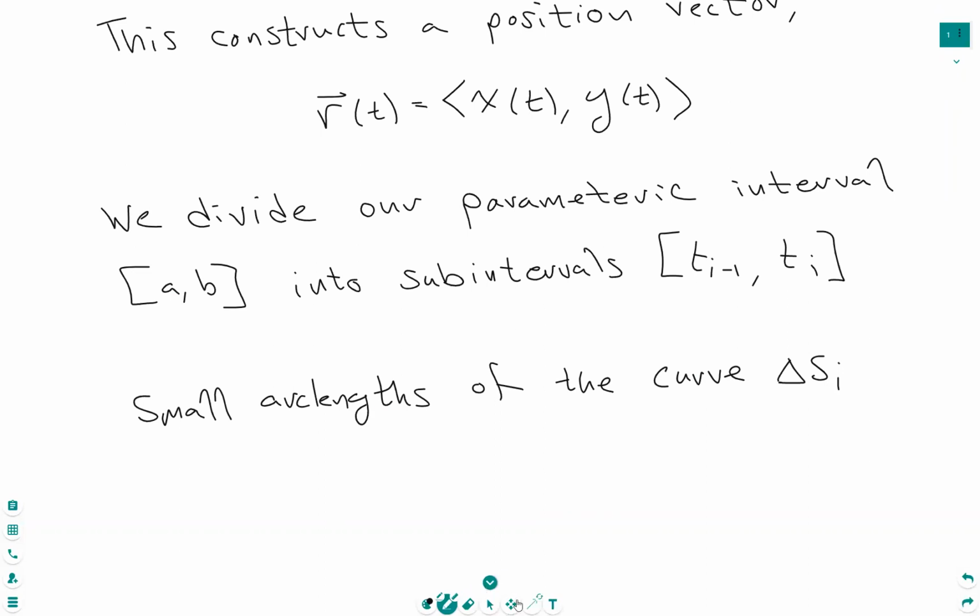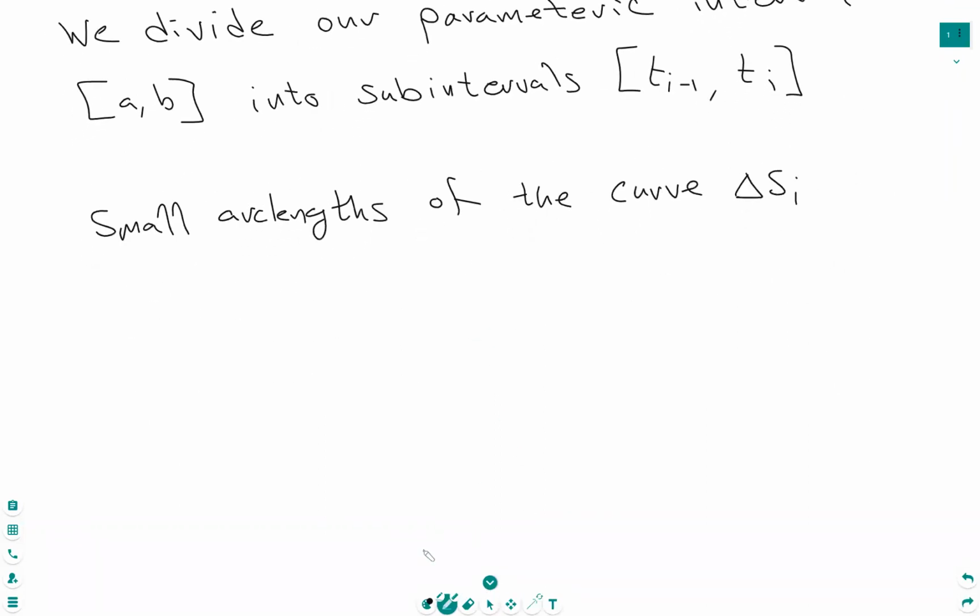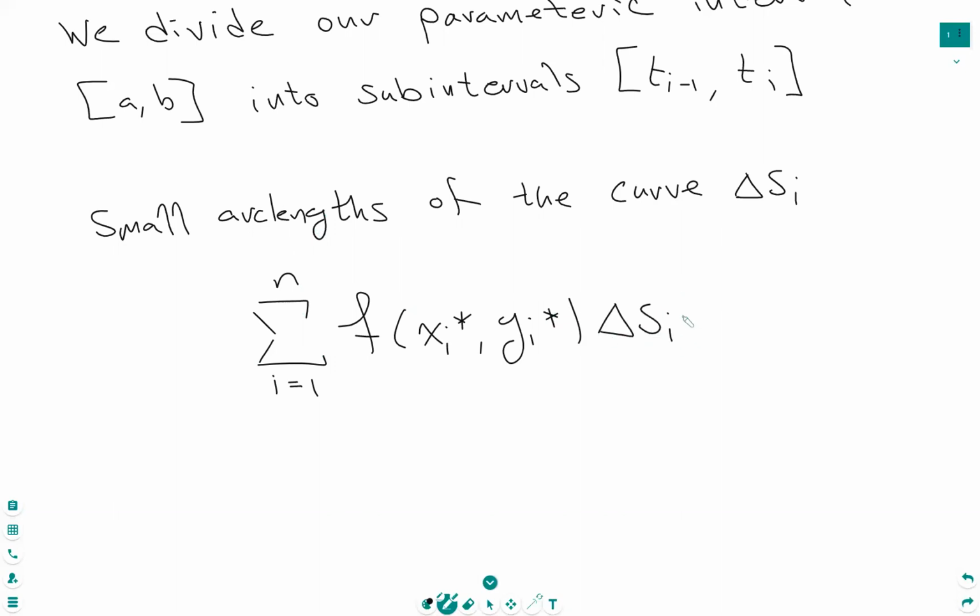So the approximation of all of these small arc lengths will be the sum from i equals 1 to n of f of x_i star, some evaluation point in each of these segments, y_i star, times this small arc length that we're taking.